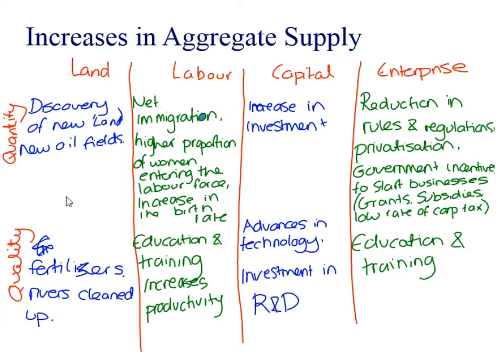And so there's a long section in the book about this, what can increase these resources. I've just put a few points here. So in terms of the quantity, you should be able to increase it by the discovery of new land or new oil fields. Traditionally, you think about why do countries go to war? Not maybe now, but years and years ago.